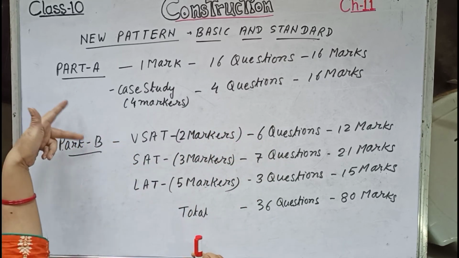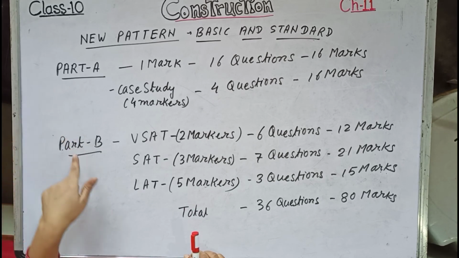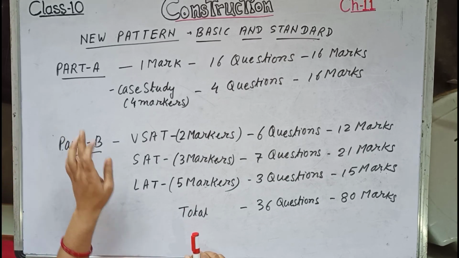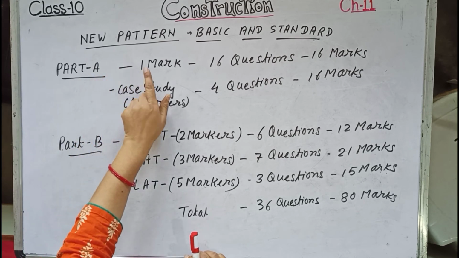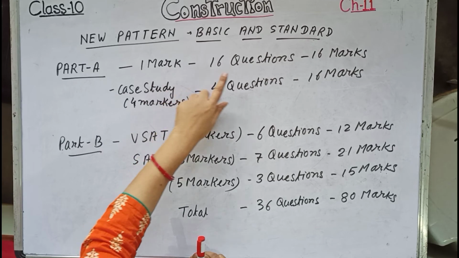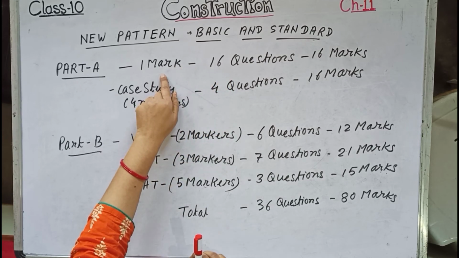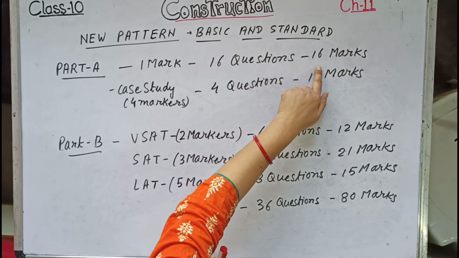The question paper is divided into two parts, part A and part B. Part A has two subparts. The first part of part A consists of 16 questions of 1 mark each, so 16 marks.